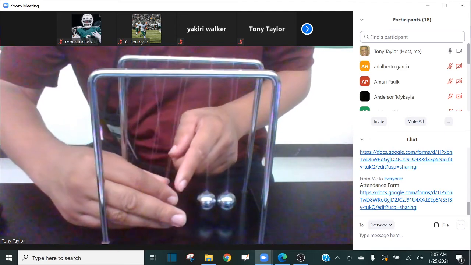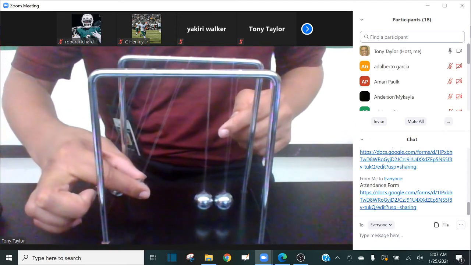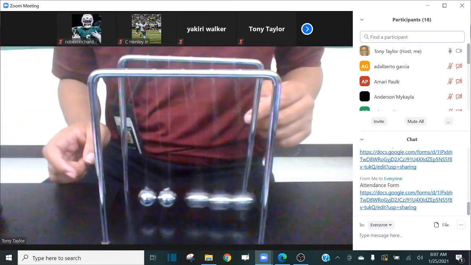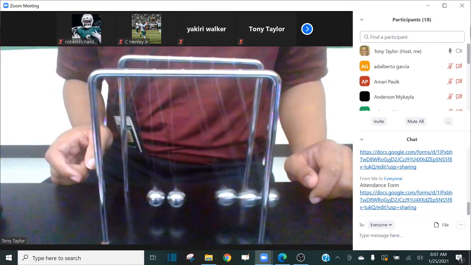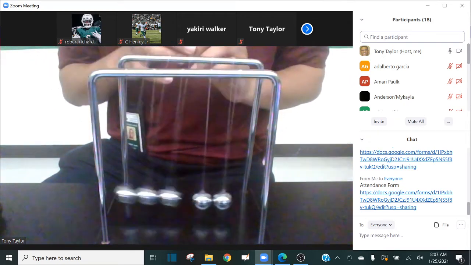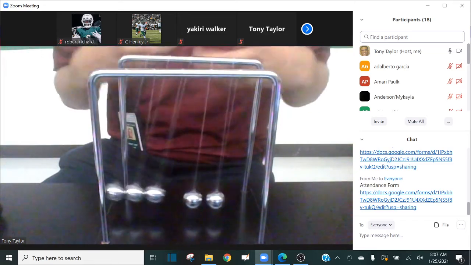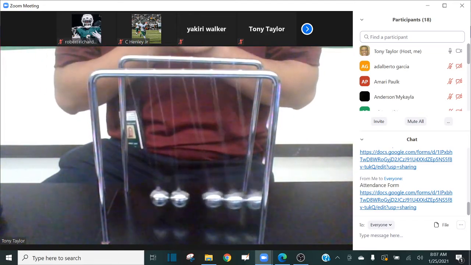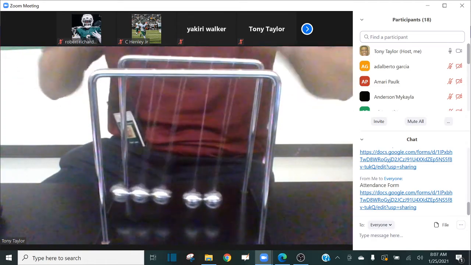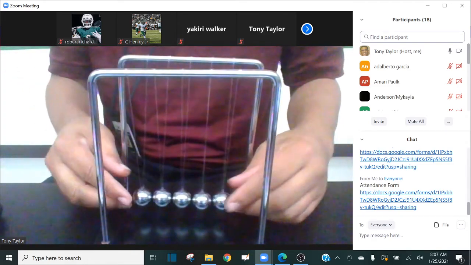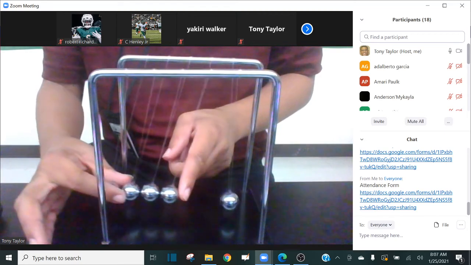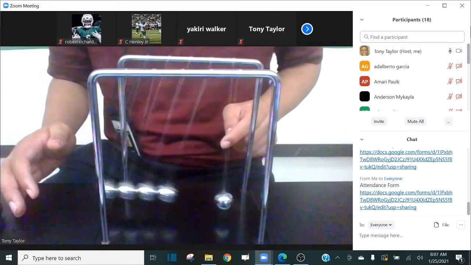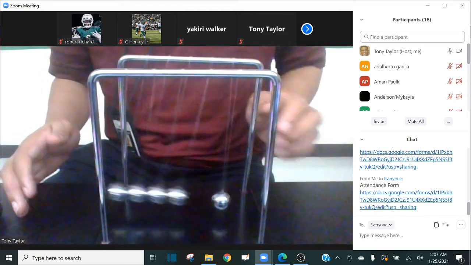If I do 3 balls, if 3 balls go into the collision, then 3 balls come out on the opposite side. So the point I'm getting at is there's a certain measurement of motion that stays constant in the collision. There's a numerical value to motion that stays constant. If I take 4 balls, if 4 balls go into the collision, 4 balls come out.